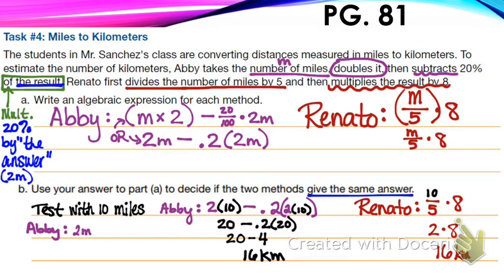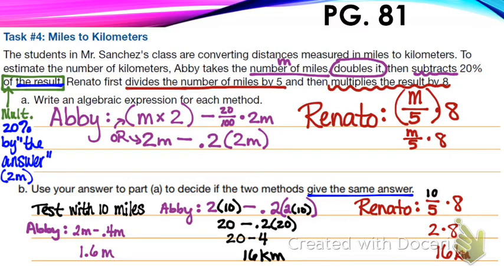So 2m minus 0.4m. Are those like terms that we could combine? I have 2 minus 0.4, because the m just comes along for the ride. What is 2 minus 0.4? 1.6 times the number of miles. Well, 1.6 times 10 is 16, so that makes sense.